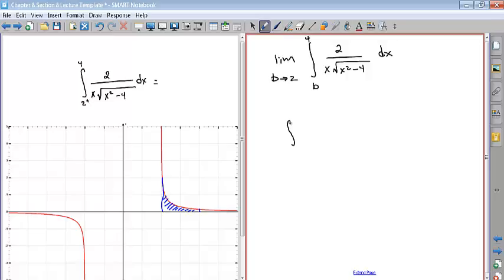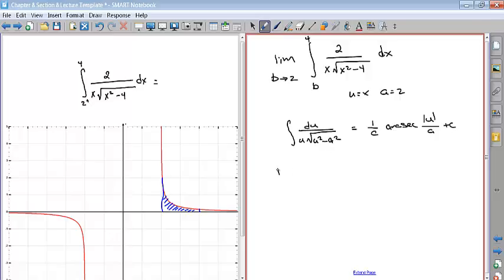Formula 18 says that the integral of du over u times the square root of u squared minus a squared is equal to 1 over a times the arc secant of the absolute value of u over a plus c. In our case, u is x and a is 2, because we have x squared minus 2 squared. So that works out perfectly.